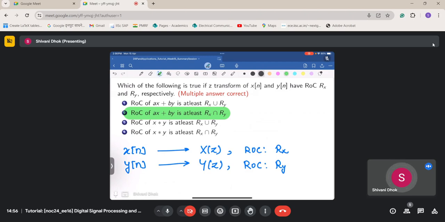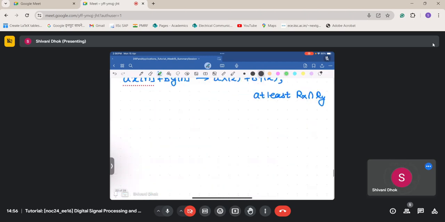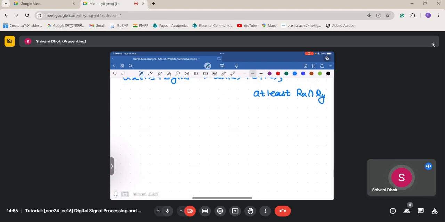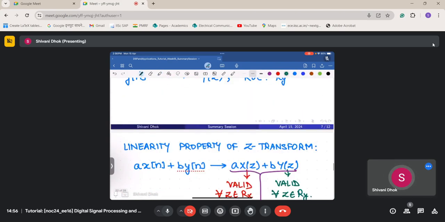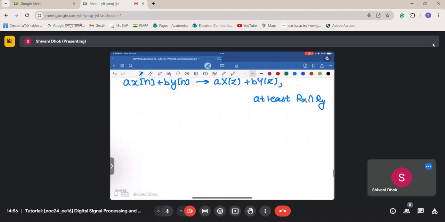One was for the linearity property and another one is for the convolution property. So the next thing here we have is the convolution property of Z transform.